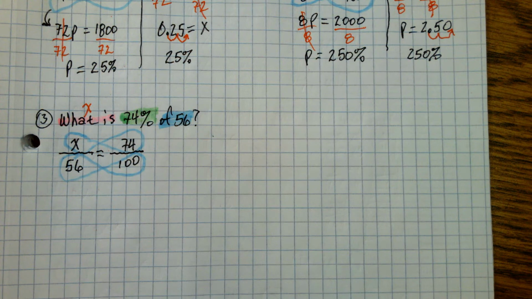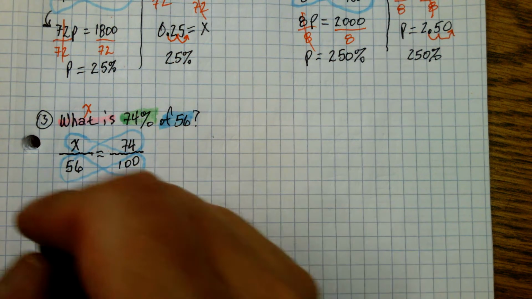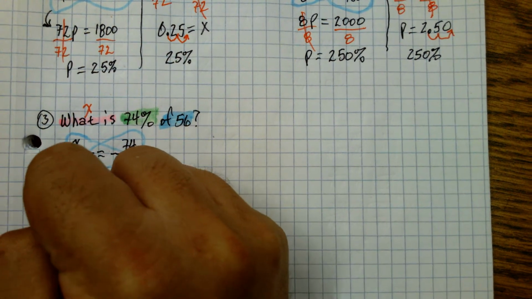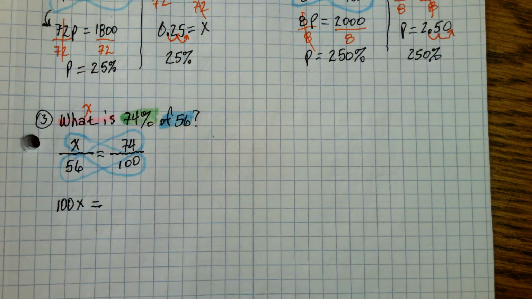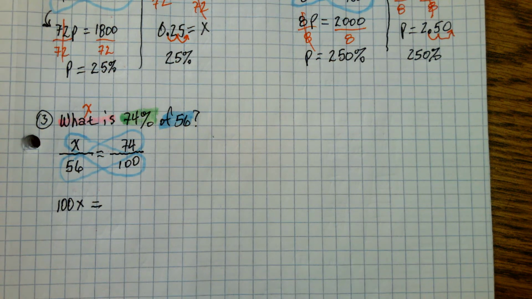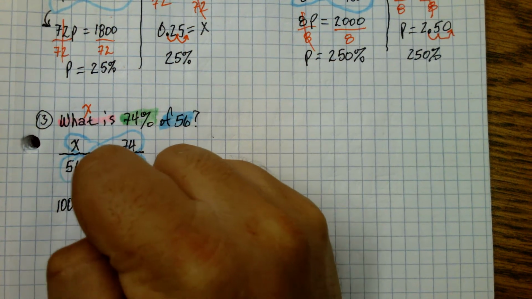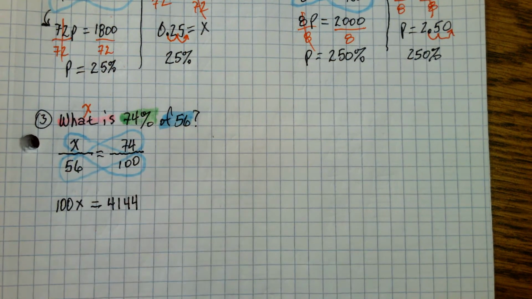Okay, so if we cross multiply, we get 100x equals 56 times 74. 4,144.